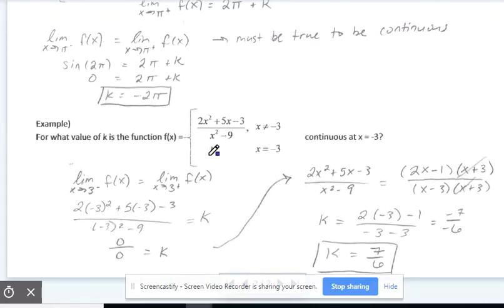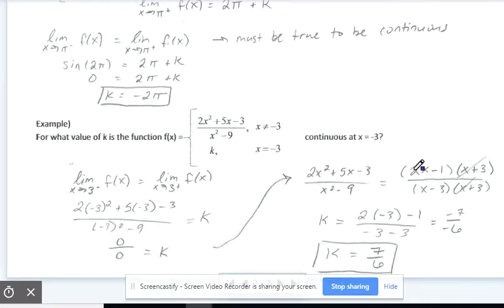So again, to be continuous, we want the left and the right limits to equal each other. And like I said, we're going to have a problem here because this is going to be a hole. So there's a hole at k.